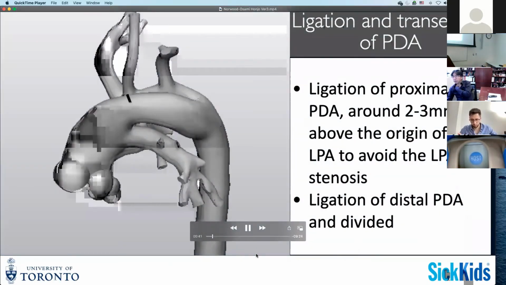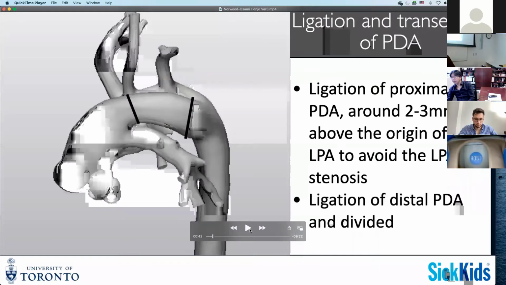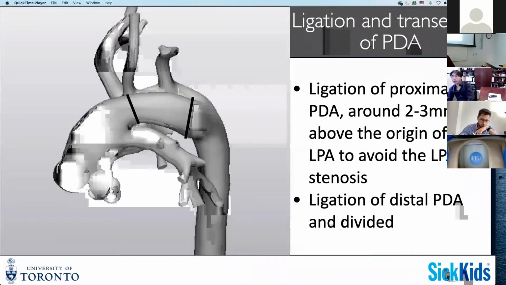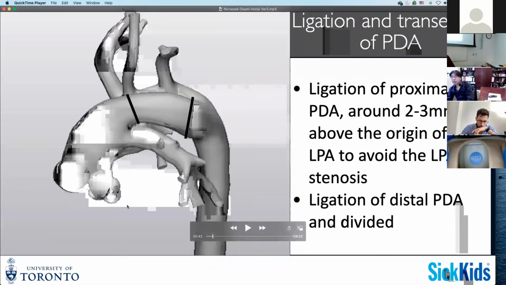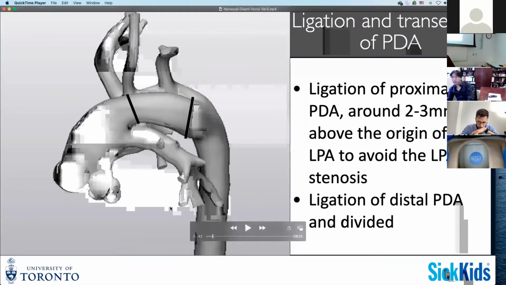First part, obviously, is to deal with a large PDA. There are many ways to go on bypass. My personal take is that if the ascending aorta is big enough, I do want to cannulate the ascending aorta.